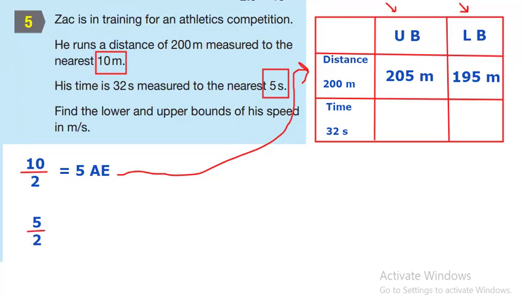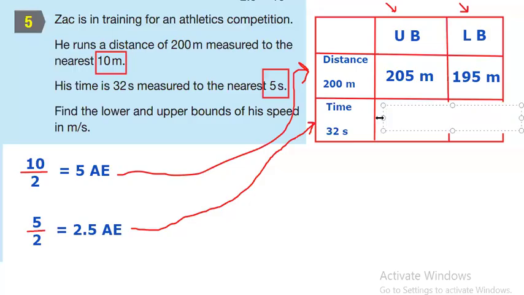Now let me write the absolute error here: AE equals 2.5. I always like to write AE next to it to make sure that this is the absolute error, and to make sure that when I check or use it, I use the right number. Now I'm going to use it with time, add and subtract to find the upper and lower bound. So first, I'm going to add 2.5 to 32. 2.5 plus 32 will be 34.5 seconds.